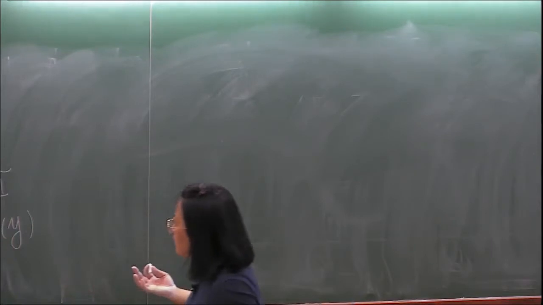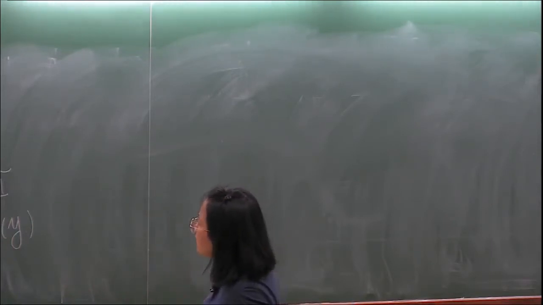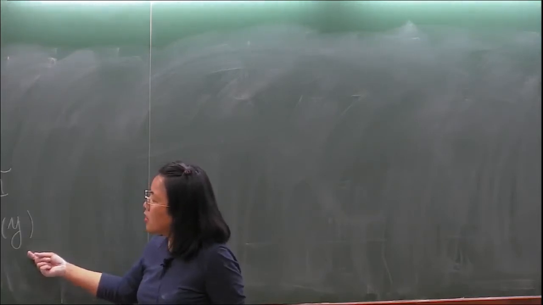So then what is left, we only need to show two things. With this definition, for arbitrary y, you will always have the first property. Okay? So we have two things.